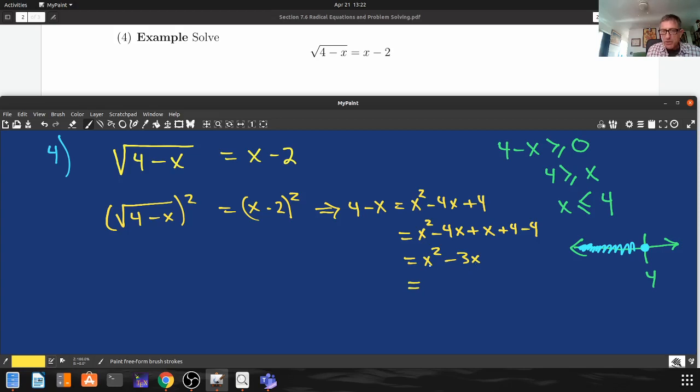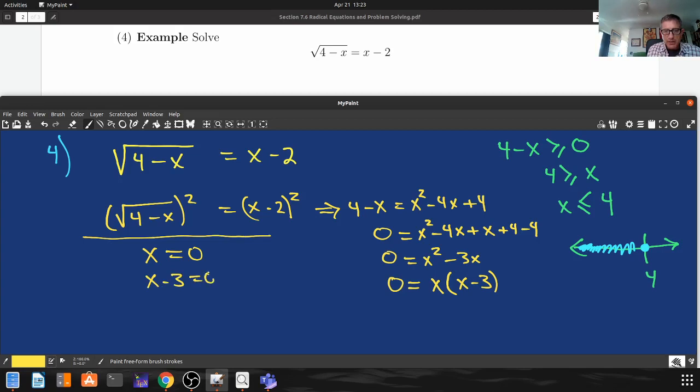So thankfully this is going to be really easy. The first thing we do when we factor is we look for our greatest common factor, and there is a greatest common factor of these terms, and that is x. So x times x minus 3 is equal to 0. So that means x is equal to 0, that's my first factor, or x minus 3 is equal to 0, which implies x is equal to 3.